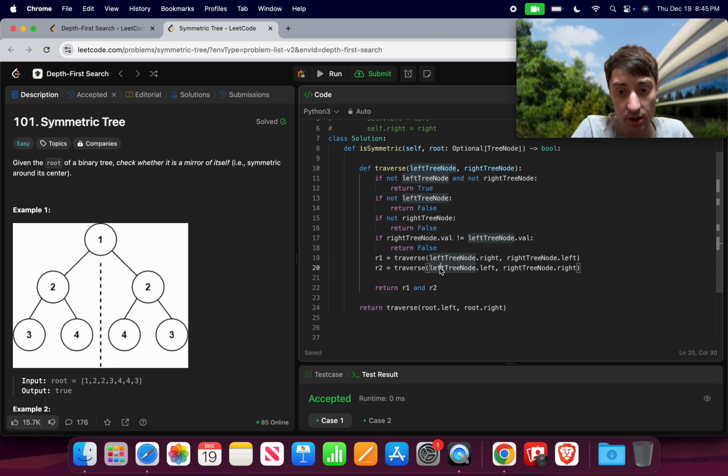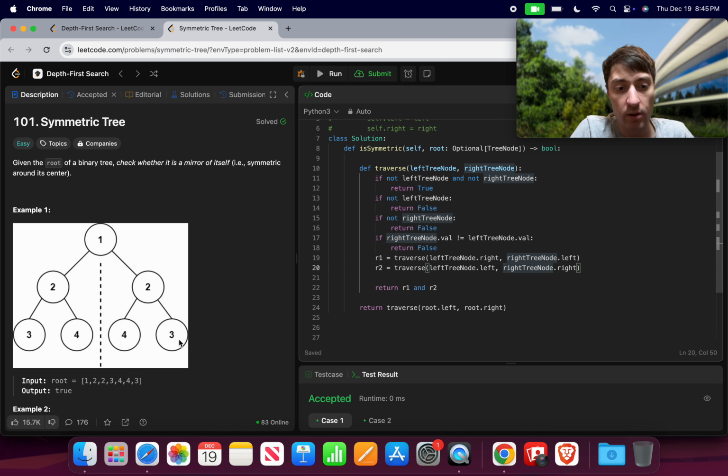I have the two nodes of the two subtrees, and I'm looking at the left subtree and going left, then looking at the node on the right subtree and going right.